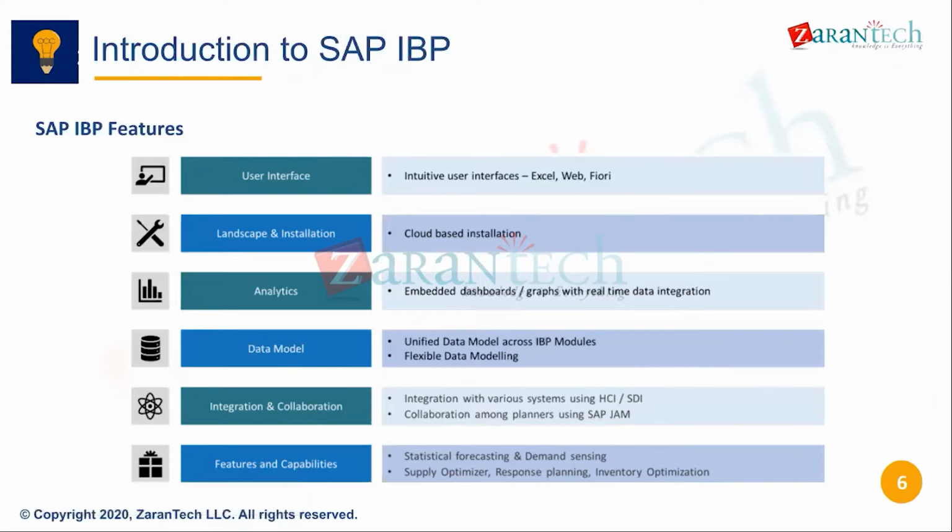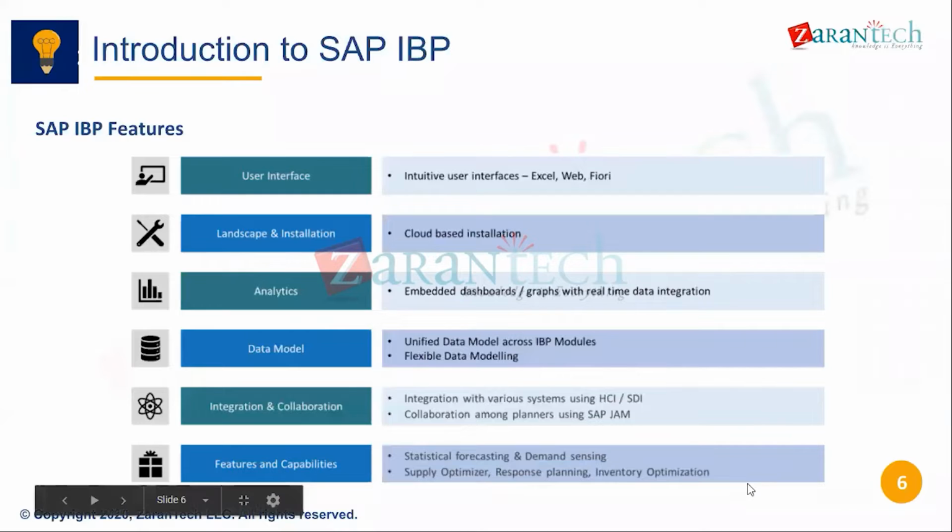In terms of our features and capabilities, we have wonderful statistical forecasting with a lot of wonderful algorithms. And we also have demand sensing for our short-term planning. We have our optimizer planning, which is based on cost. We have response planning, which is basically order-based planning. And we can also do our inventory optimization.